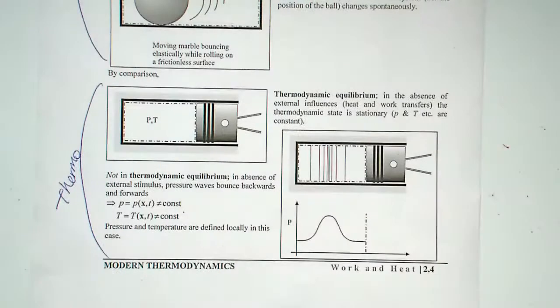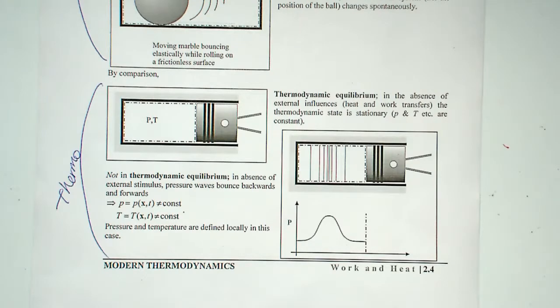Exactly the same story applies to thermodynamic properties. A typical example in thermodynamics is a cylinder and a piston, and if you've got a certain pressure and temperature in this cylinder and there's no external stimulation, then you can assume that you have equilibrium.